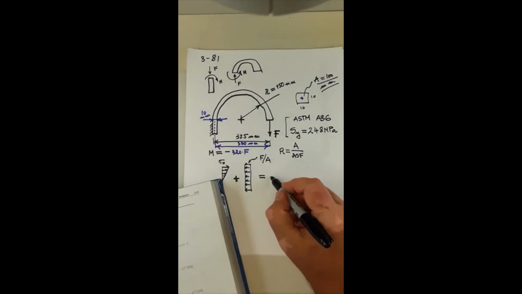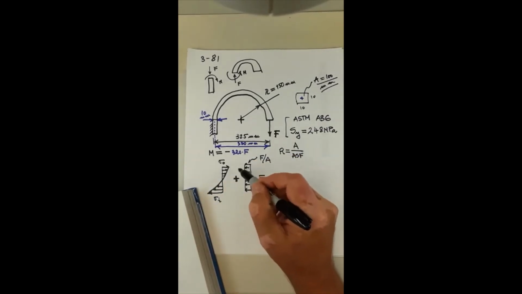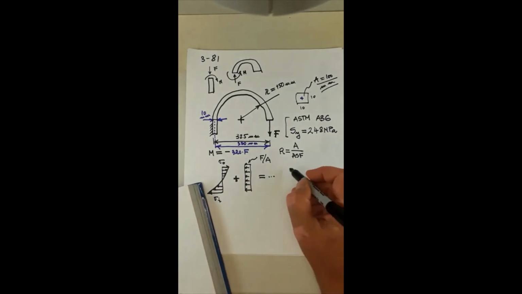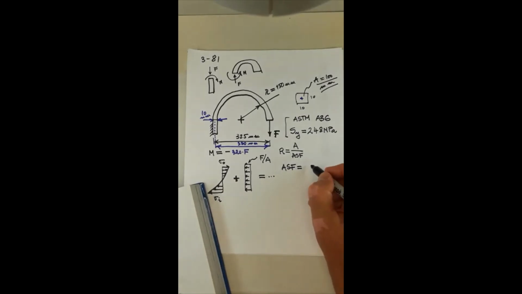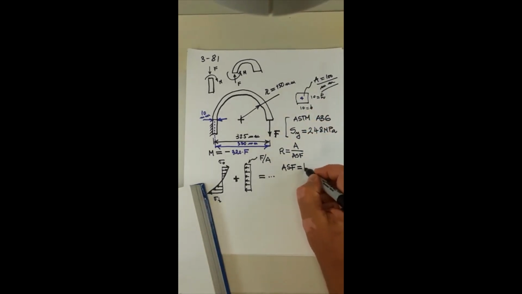I'm not going to redraw this just because the scale is not proper. This should be less stress than this one. Okay, so the area shape factor is going to be B, we call this B H, so B times the natural logarithm of the outer radius over the inner radius.